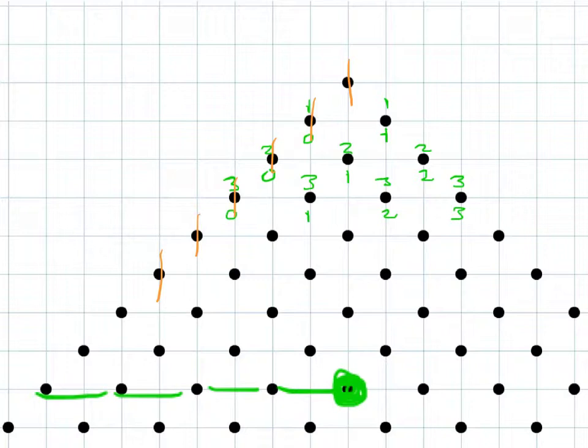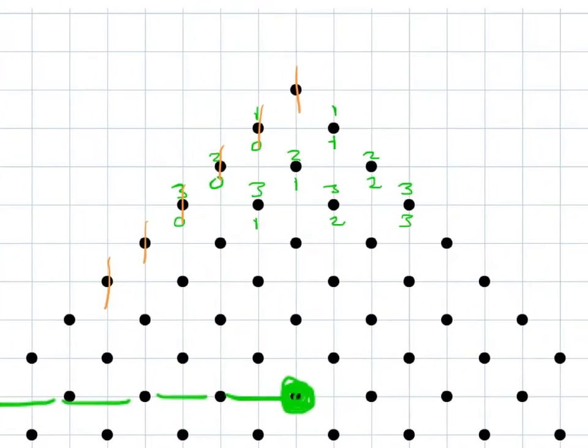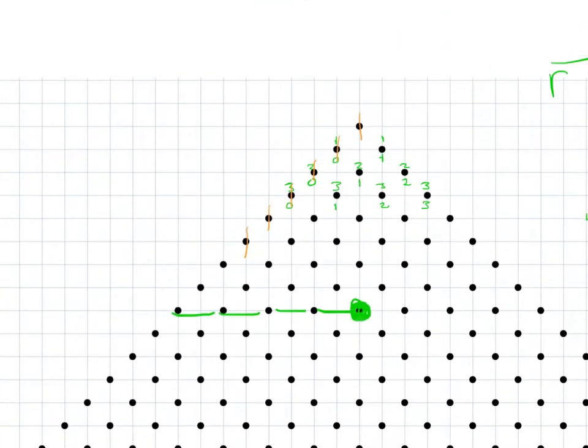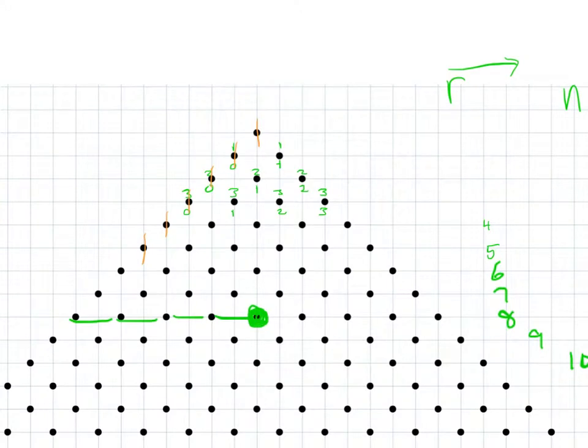What's this number here in Pascal's triangle? Do you know? Well, it's easy to figure out if I go over here and I say, oh, this is n equals 6, right? So whatever number this happens to be, it's equal to n choose 1, right?